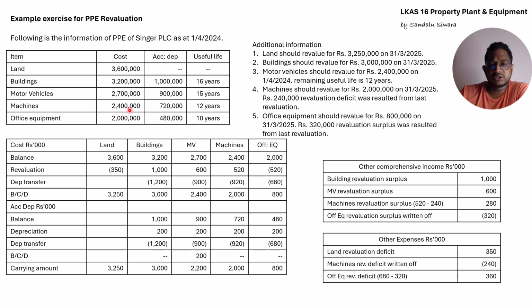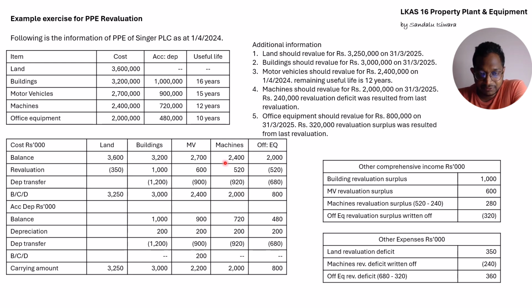These machines cost 2,400,000 and the useful life is 12 years. So 2,400,000 divided by 12 years is 200. Total accumulated depreciation transferred is 920, so the cost is 2,400 and the accumulated depreciation 920. The carrying amount of the machines is 1,480,000 at the revaluation date.